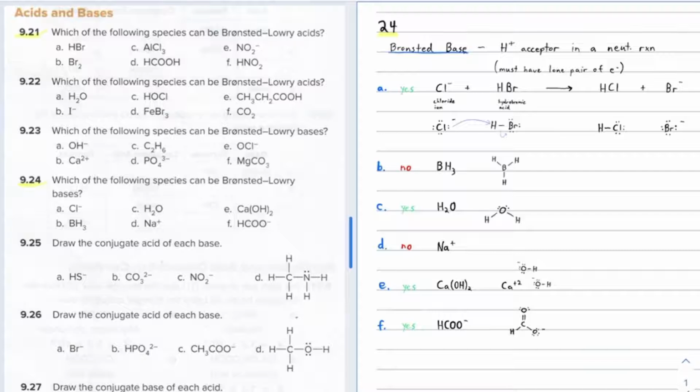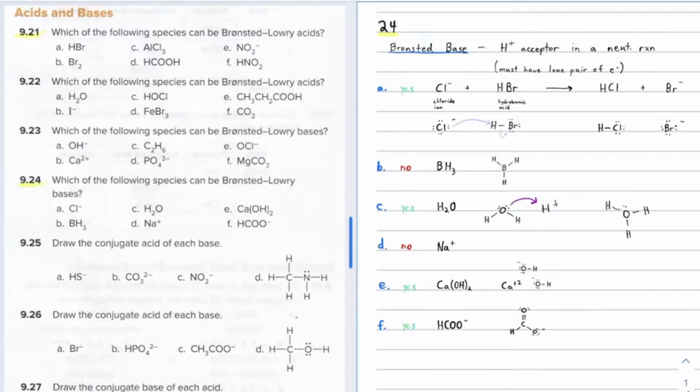So if it did attach to an H+ ion here, I'll show you what happens. So here's an H+, and if you have these attaching to H+, then you'll be left with H, O, H, H. You still have one of those lone pairs, but now it has a plus charge, and that's your hydronium ion.